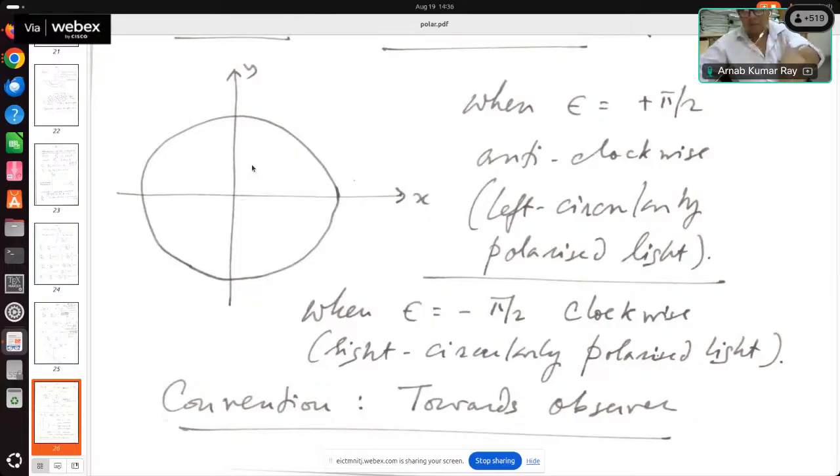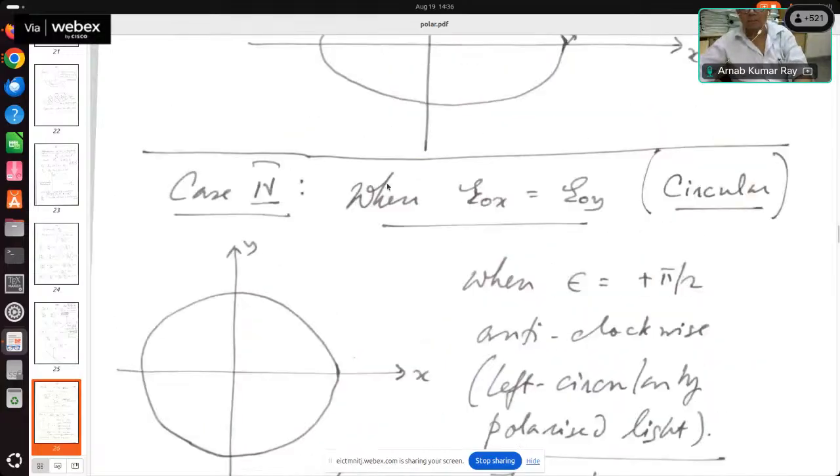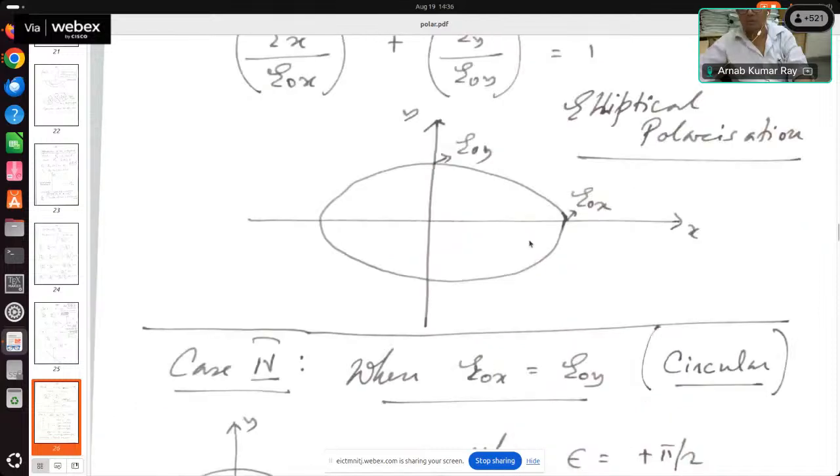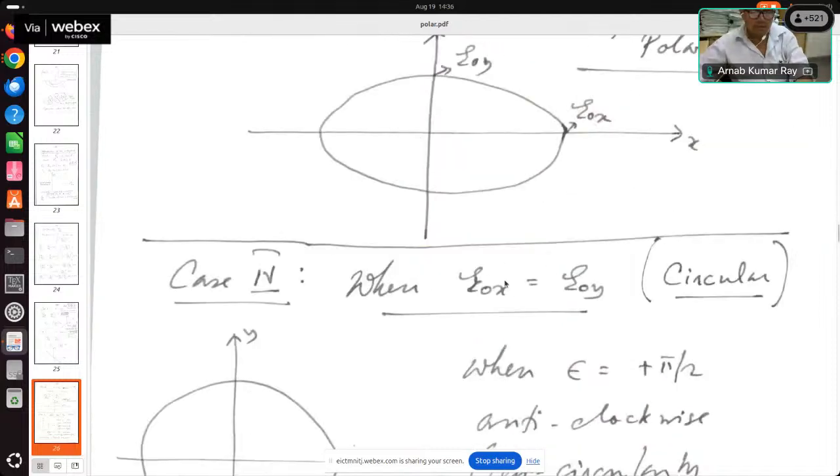The tip of the electric field vector is tracing out these geometrical figures. If the amplitudes are not equal, you have elliptical polarization, and if they are equal, you have circular polarization.